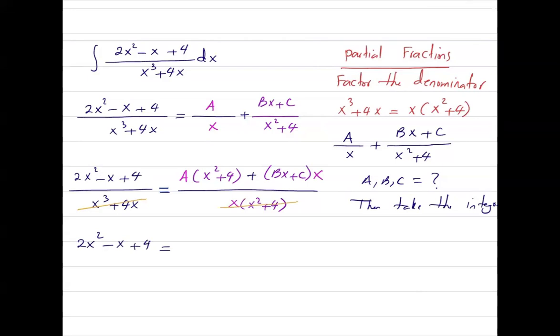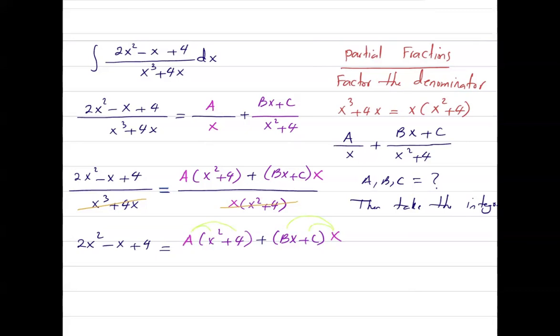Well, okay, how can I solve this? This is A times (x squared plus 4) plus (Bx plus C) times x. I'm going to distribute A into the parentheses, and distribute x into the parentheses.